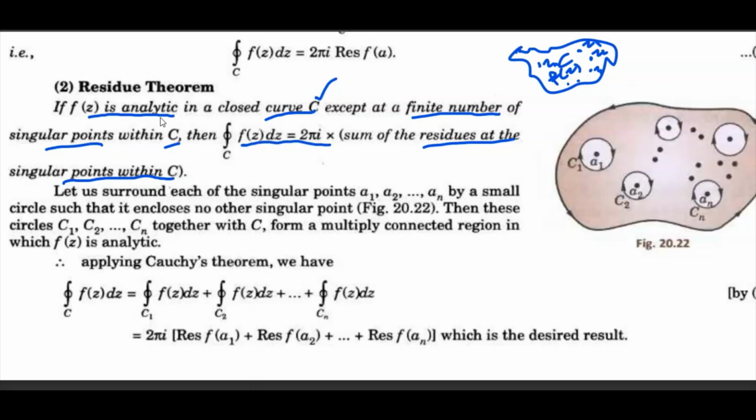That means if z1, z2, z3 are singular points of f of z inside C, note that these are singularities inside C, not outside C, then the integral is 2 pi i times the residue at z equal to z1 of f of z plus the residue at z equal to z2 plus the residue at z equal to z3. That is the residue theorem.